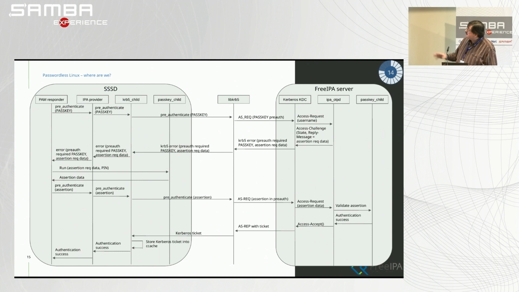And the way it's kind of going similar to the previous diagram, I'm not going into details here, but on the right side where the FreeIPA server is, there are two blocks outside KDC, and these can be shared with Samba AD. The KDC side that allows us to share is MIT Kerberos, because it provides these pluggable pre-authentication mechanisms. Heimdal also has them pluggable, but they are statically defined at compile time.